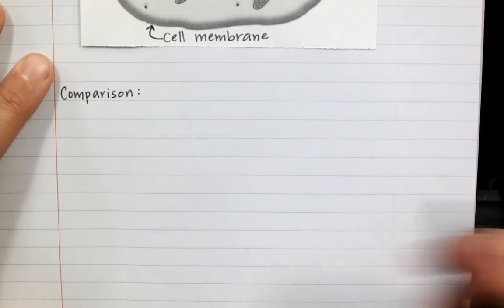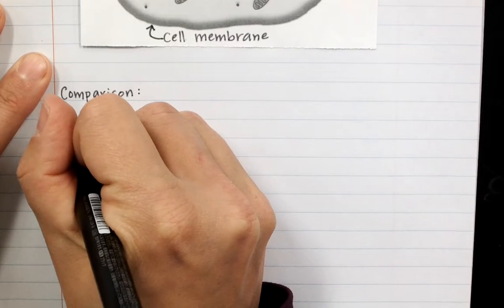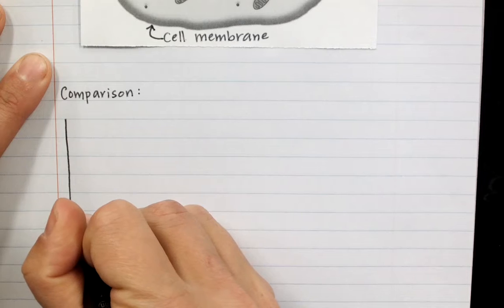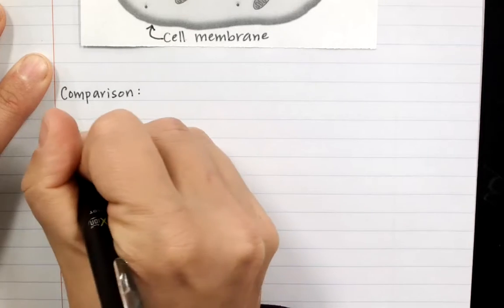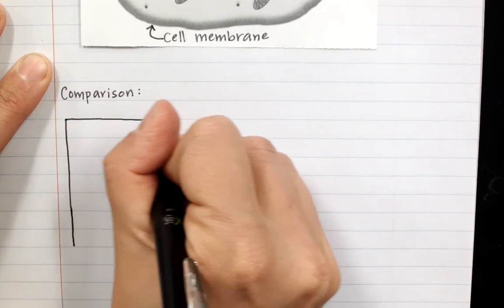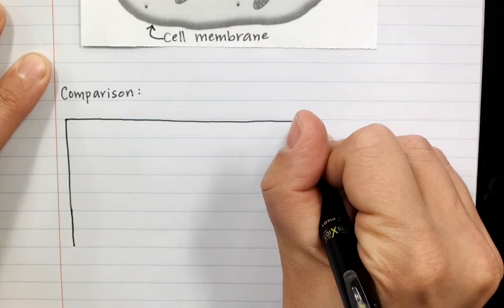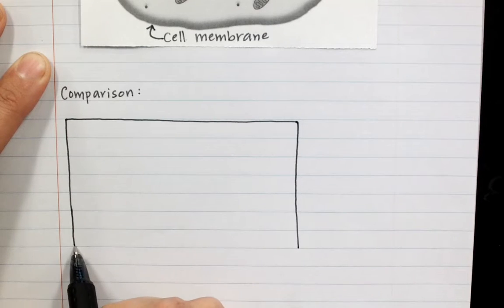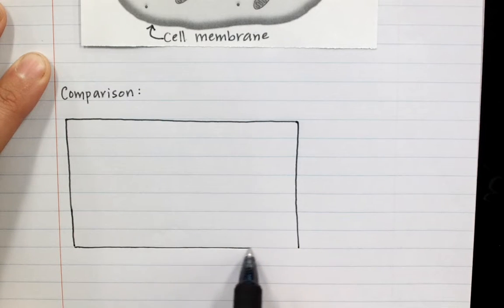So if I were doing this, I would set it up like a Venn diagram. But it's going to be kind of a weird Venn diagram because we've got three things. So I'm actually going to make it out of boxes because I really, really stink at drawing circles. And I don't have a lot of space, and it's easier to write on lines.